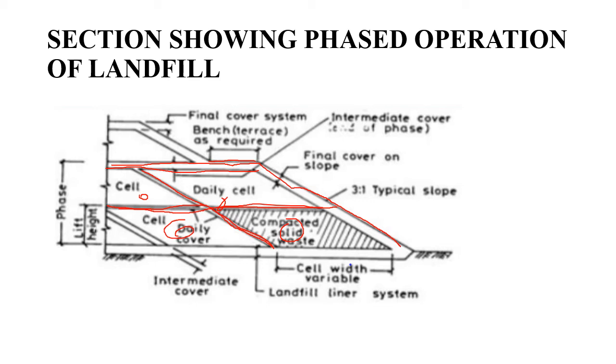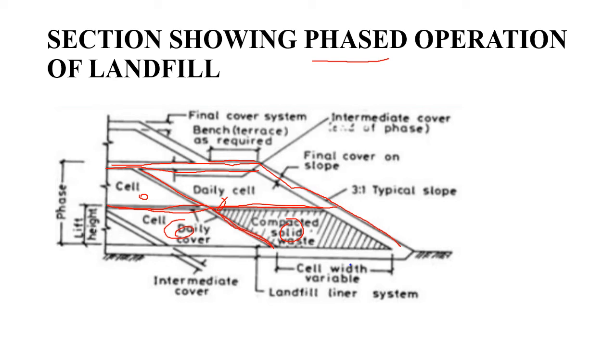Then you move ahead and start off with the next sub area. So a phase or sub area will consist of many cells, many daily covers, then many lifts, and it will have the liner system and the intermediate cover.